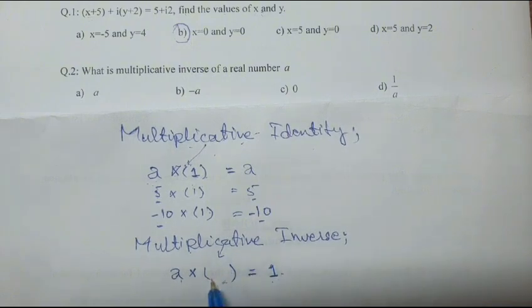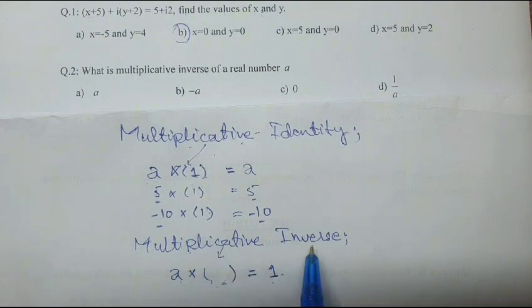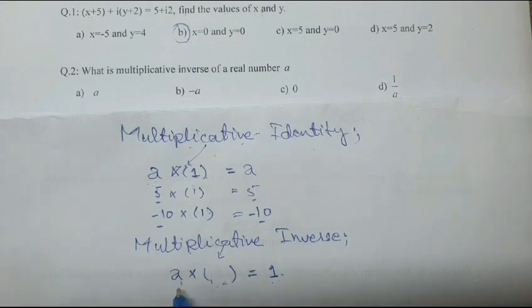So what is that number? That will be the multiplicative inverse. So here we know that if we multiply this number a, an arbitrary number, by 1 upon a, we will get back this multiplicative identity.